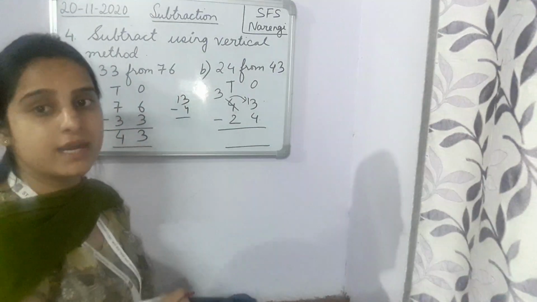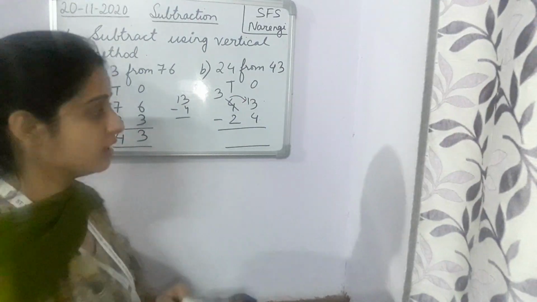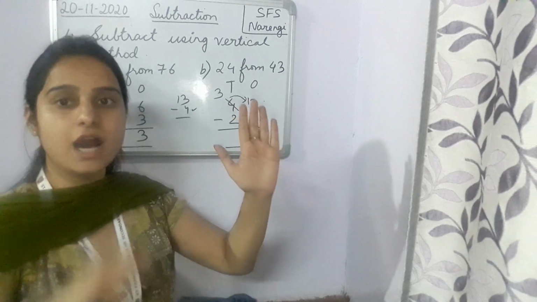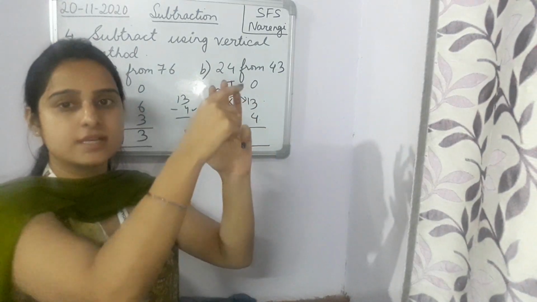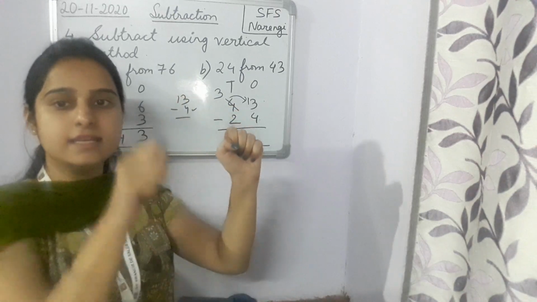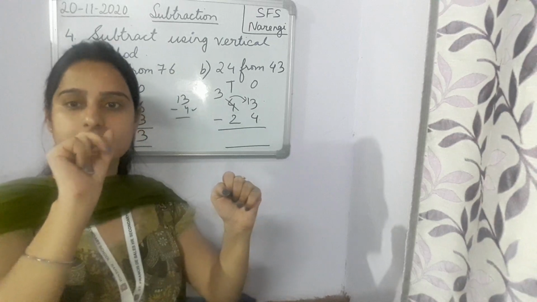Now children, do you remember I taught you how to do the subtraction of this type of number? After 4 you start counting in your fingers till 13. After 4. 5, 6, 7, 8, 9, 10, 11, 12, 13.